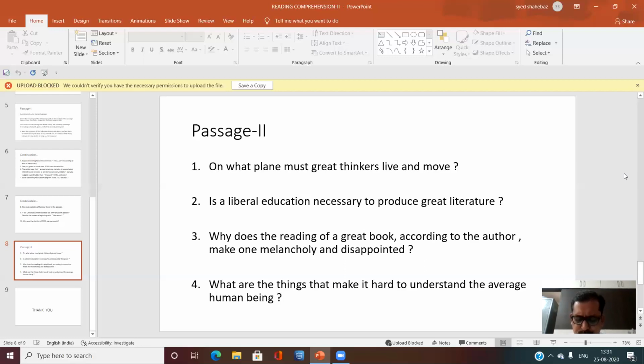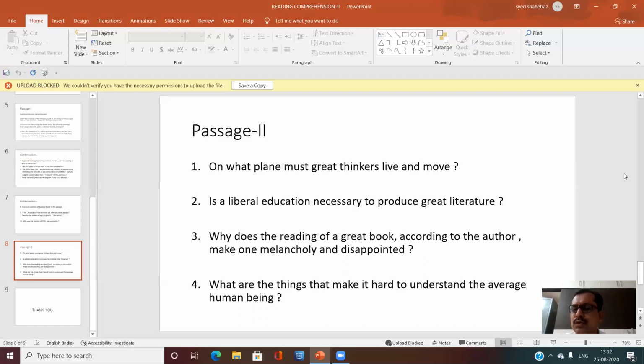No. A liberal education is not necessary to produce great literature. The shining example was Shakespeare and his works. He was not highly educated, but he produced sublime masterpieces during his period.